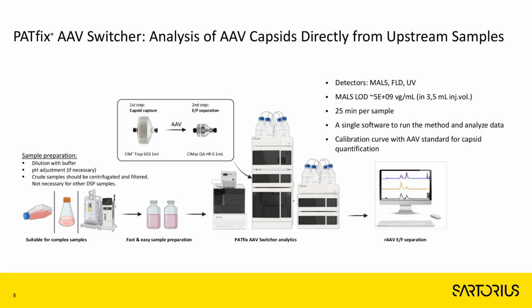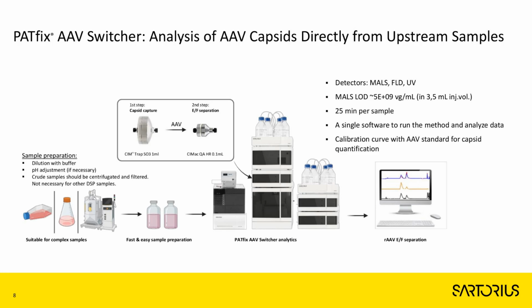We equip this system with a lot of detectors because we're analyzing challenging samples. So we include MALS, fluorescence, and UV detectors. The analysis itself takes about 25 minutes per sample.